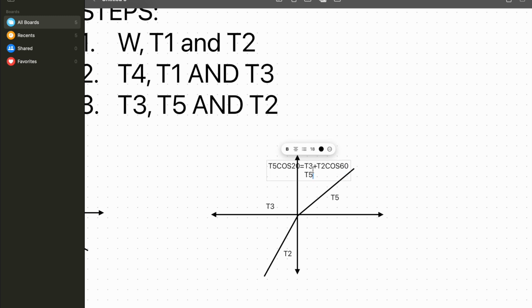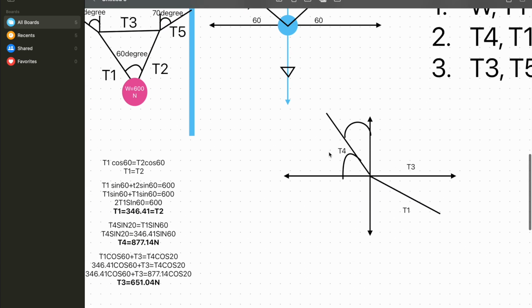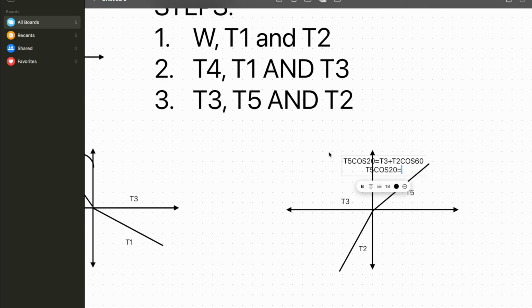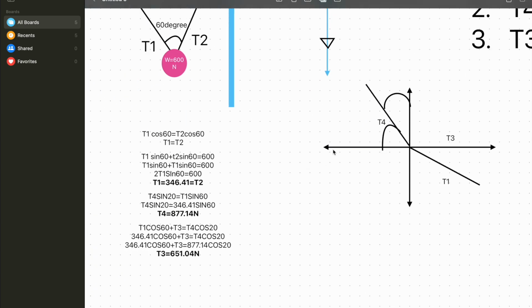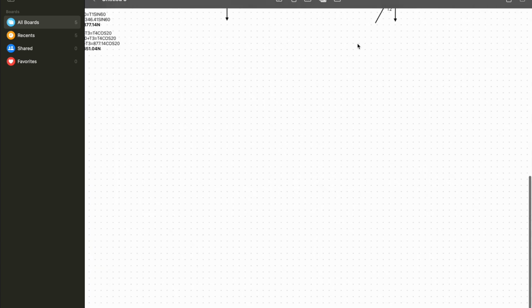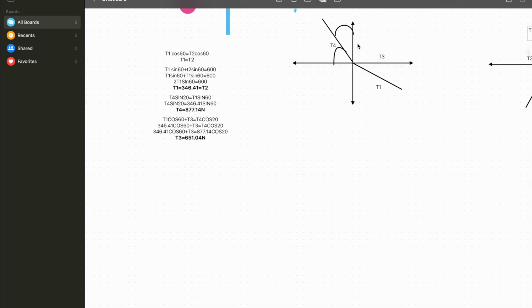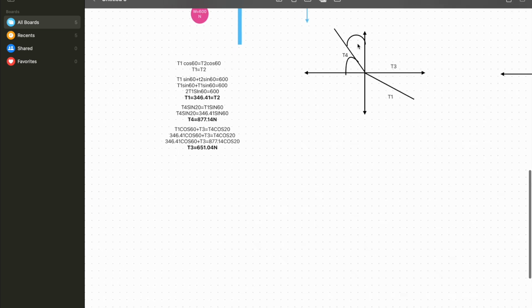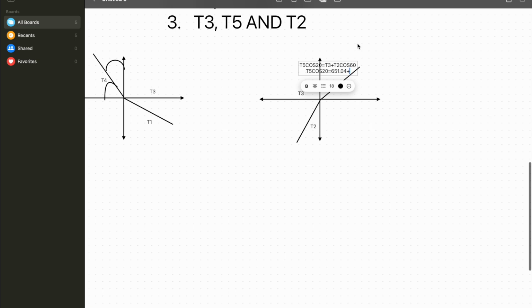We know T3 is 651.04, plus T2, which is 346.41 cosine 60.